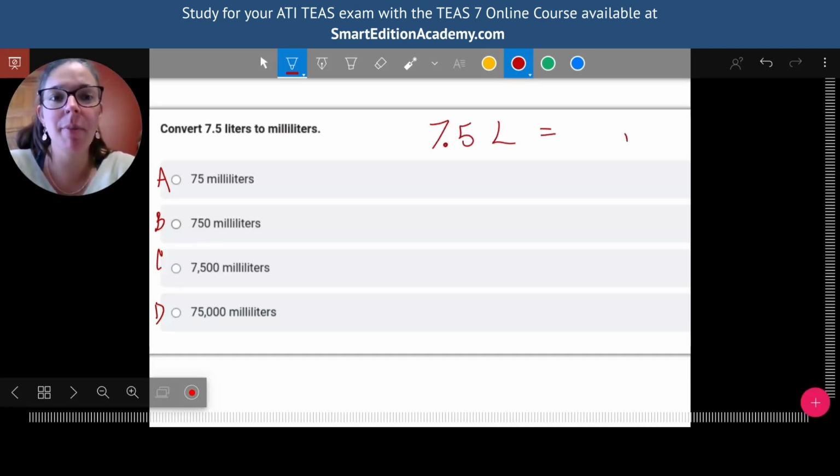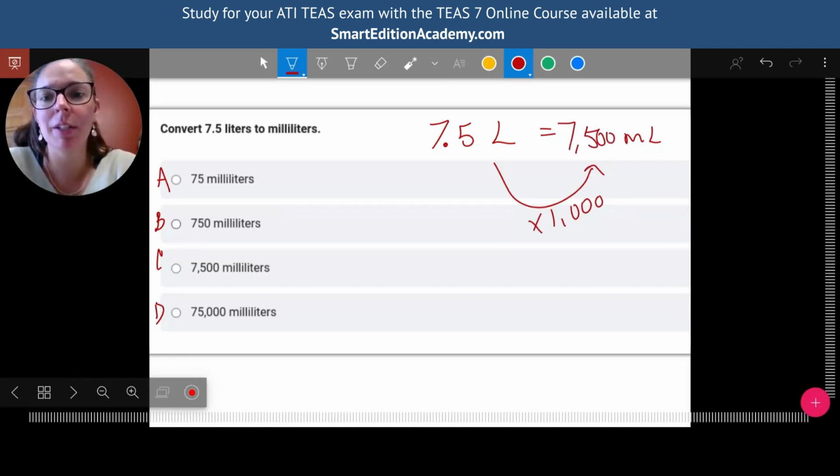A lot of us may have this already memorized. You could totally use the mnemonic, or you could just multiply by 1,000, and you should get 7,500 milliliters, which is answer letter C.